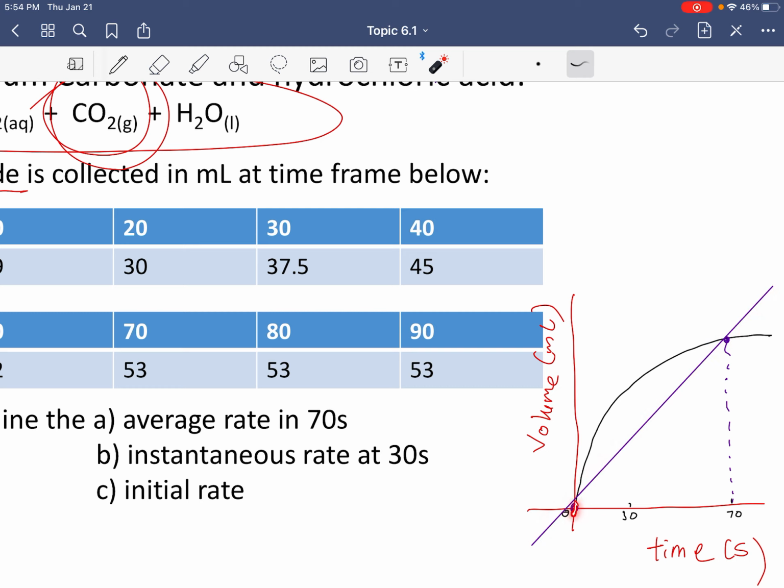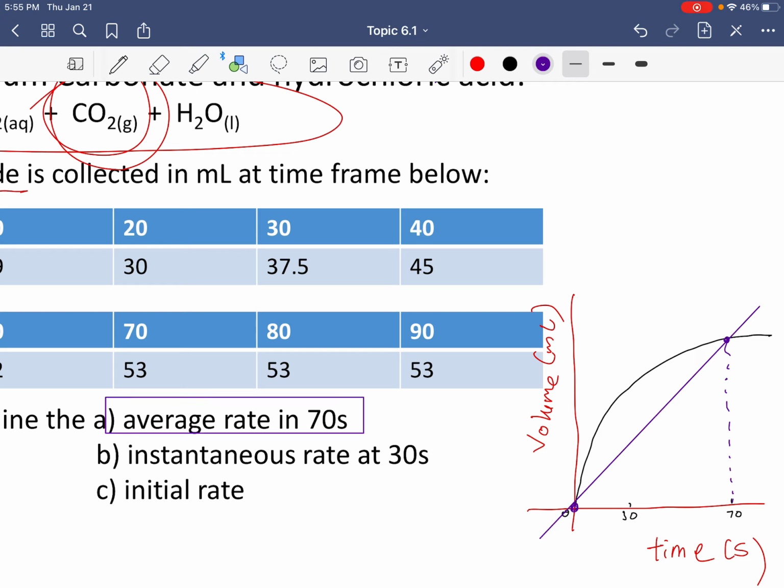Even though this is not really 0, I'm a little off right here. Let me draw a better one. Okay, you're going to draw a straight line that cuts through two points. That's a secant. In this case, you're looking at an average rate of 70.